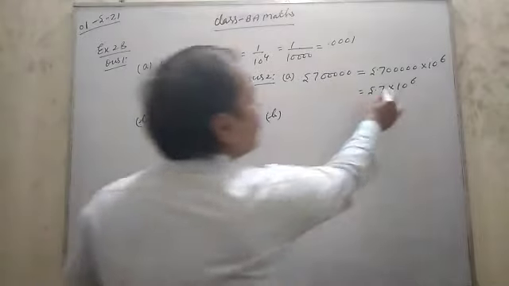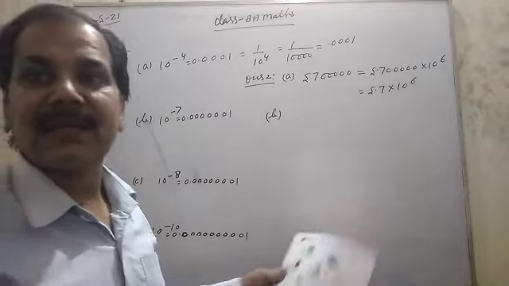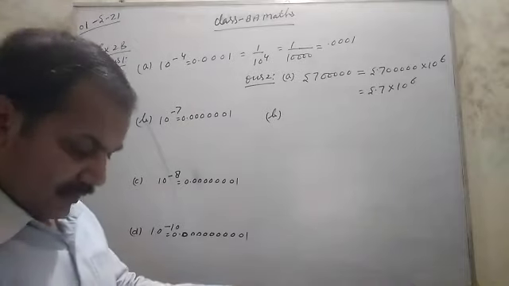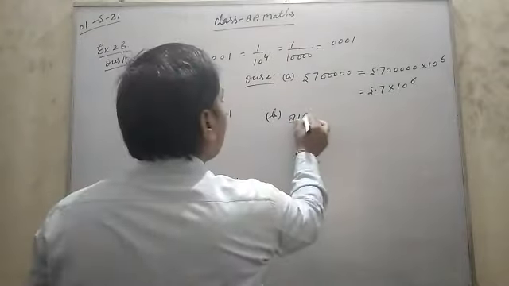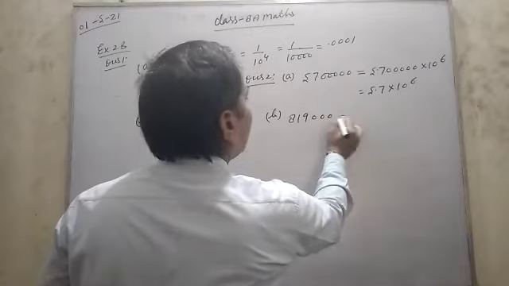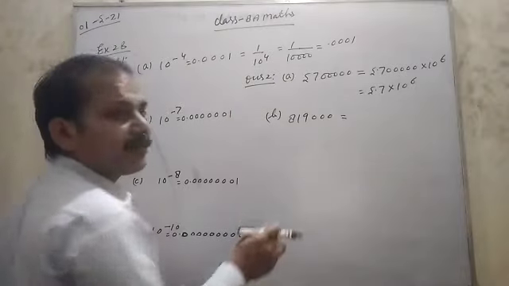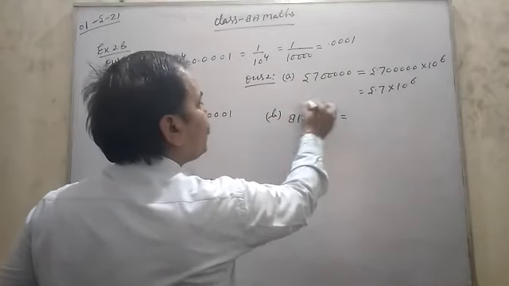B, 5.7 is greater than 1 and less than 10. Second one, 81930. Here the point is not given, means it is at the last, so it will shift here.